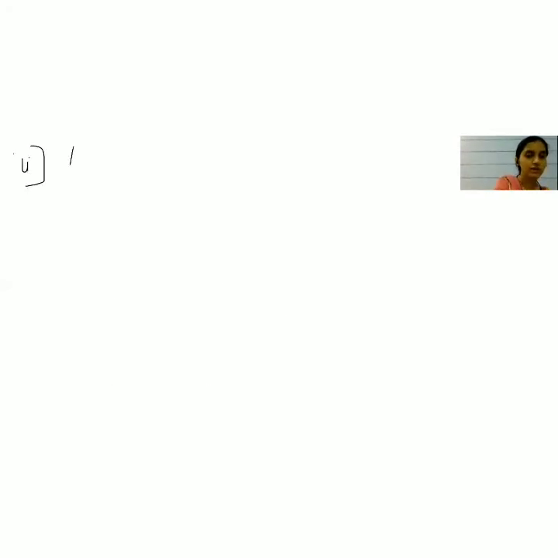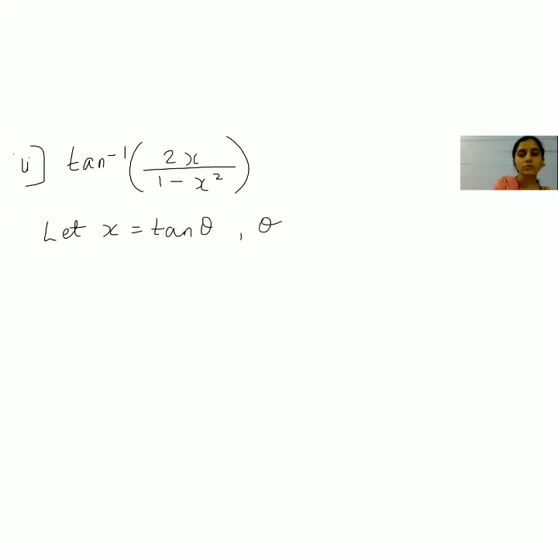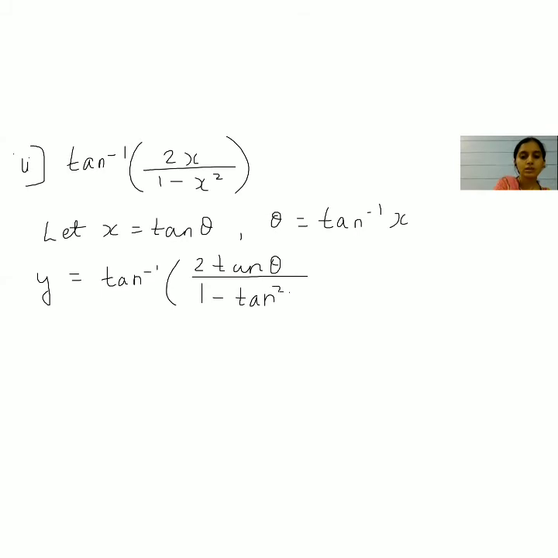Second one says y equals tan inverse of 2x upon 1 minus x square. Okay, again I'll say let x equal to tan theta. Okay, so theta will be equal to tan inverse of x. Okay, so let us put it in the sum. So we'll have y equal to tan inverse of 2 tan theta upon 1 minus tan square theta.